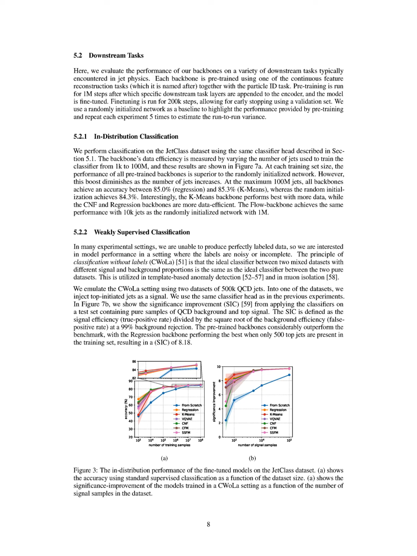Evaluation metrics included classification accuracy, particularly in distribution tasks where the number of jets varied from 1,000 to 100 million, and weakly supervised classification using the principle of classification without labels, CWOLA, to assess performance with noisy or incomplete labels. The significance improvement, SIC, was also calculated for weakly supervised tasks, measuring the signal efficiency against background efficiency.